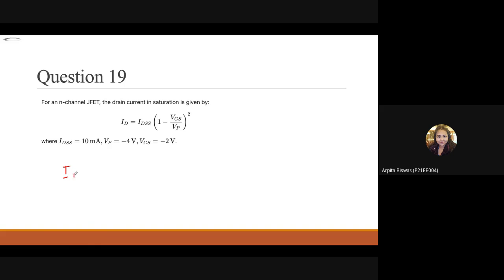So ID equal to 10 into 1 minus minus 2 by minus 4, whole square. 10 into 1 minus 0.5, whole square.